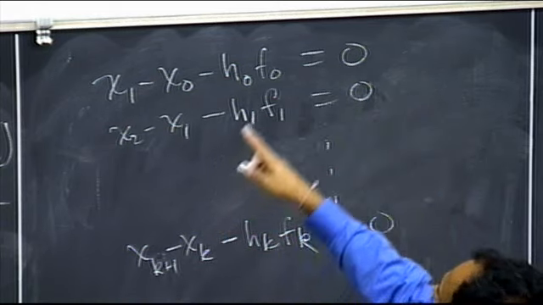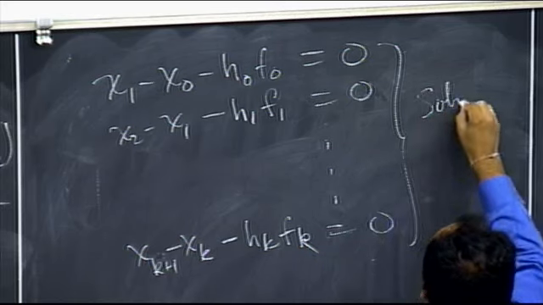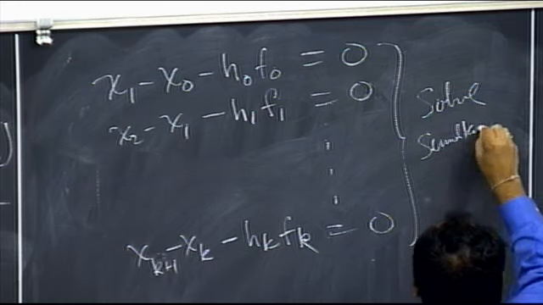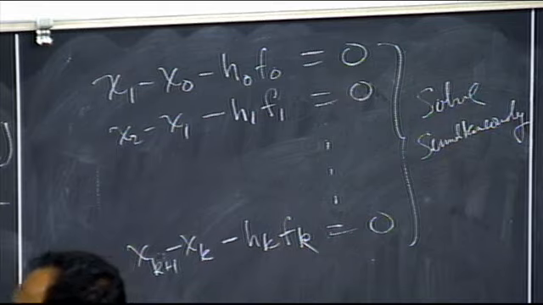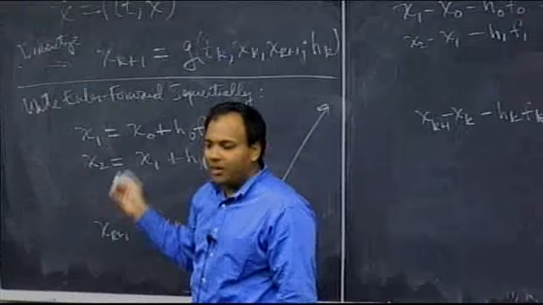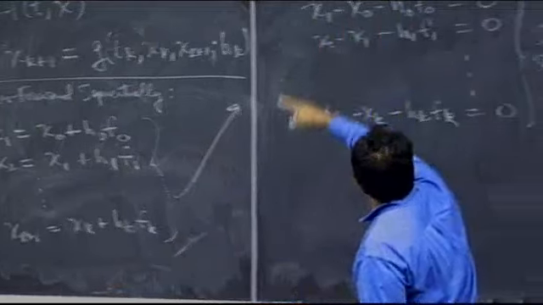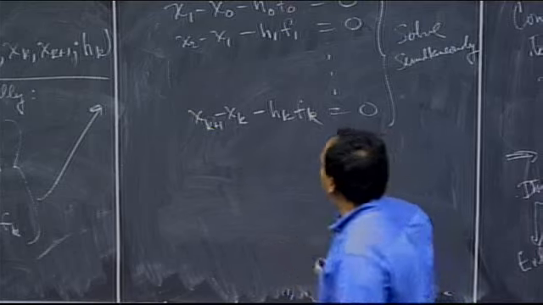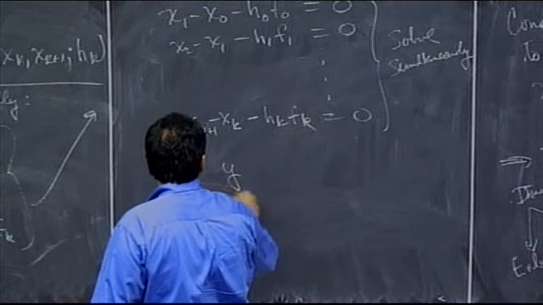Now what you do is you say, I'm going to solve these simultaneously. I'm no longer going to solve it by time marching. I'm not going to take the previous value and plug it in to get the next value. I'm going to solve all these at the same time. Can I do that? Sure, I can. What you can do is you can say y is a vector.